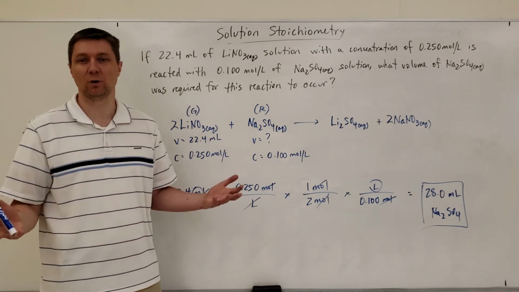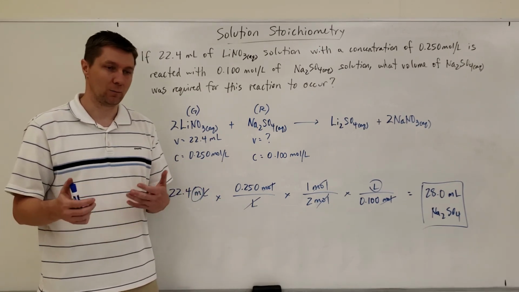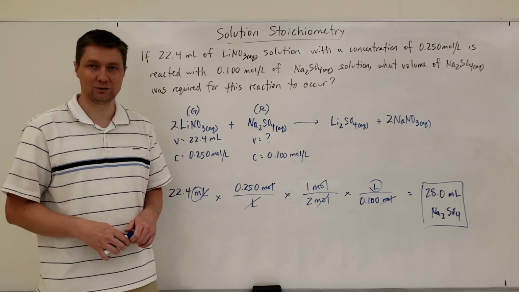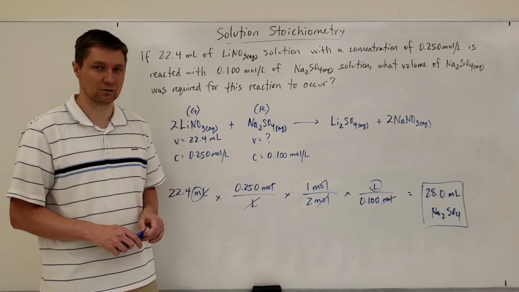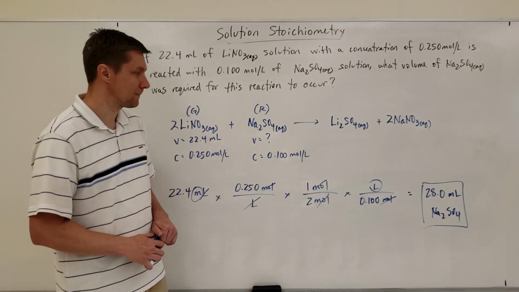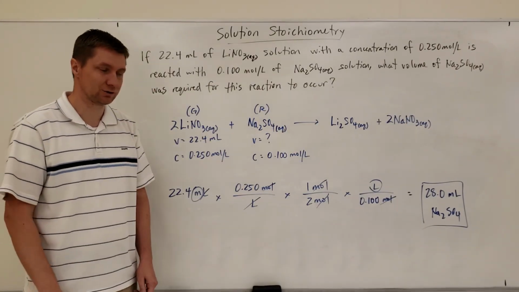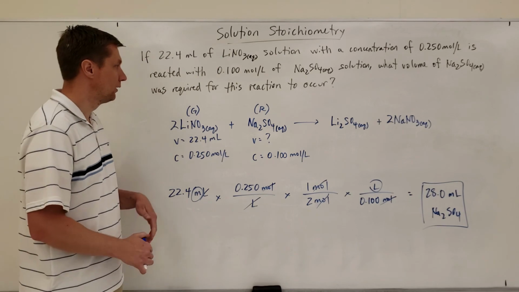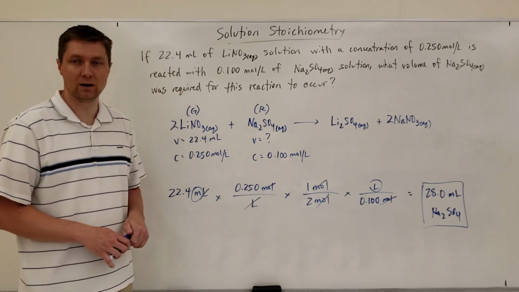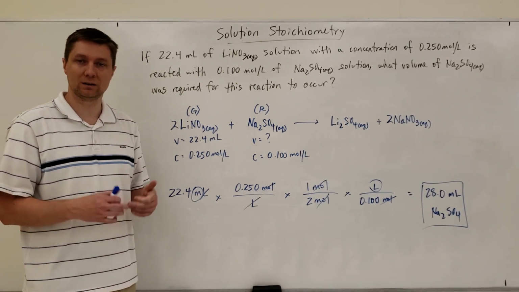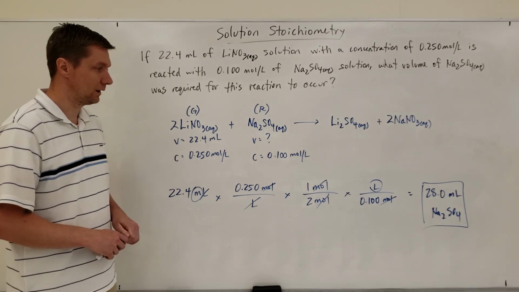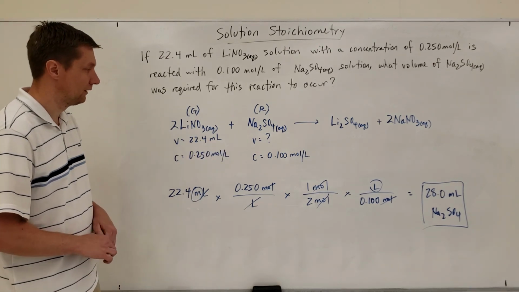It just helps me with monitoring and managing how many places I can make errors when I'm doing these problems. So my answer punches out as 28.0 milliliters of sodium sulfate to solve the question, where it said what was the volume that was required to make this reaction occur. And so that's what I end up with for that.